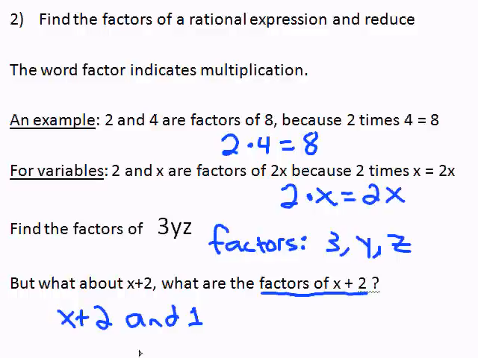Because 1 times x plus 2 is x plus 2. This is going to be important later on. We're going to take this idea and we're going to identify what common factors are here in a second, and then we'll be able to fully factor a rational expression and reduce.